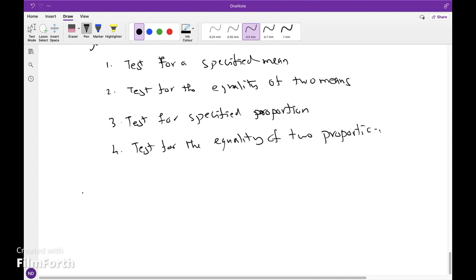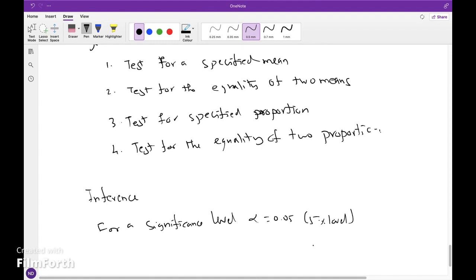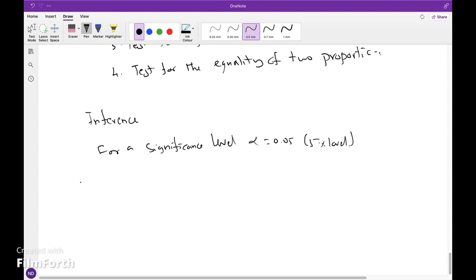And inferences for a significance level alpha equal to 0.05, that is 5% level of significance: if modulus of Z is less than 1.96, then H naught is accepted at 5% level.